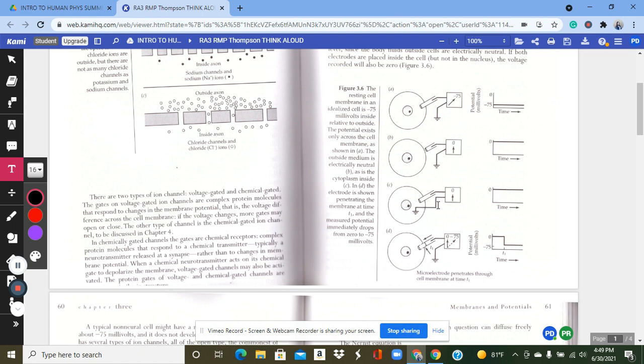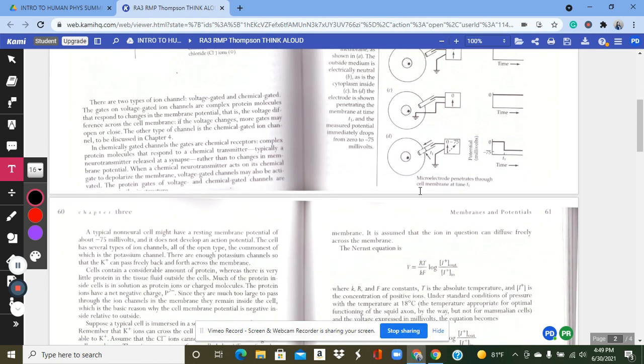Okay, so the electrode is shown penetrating the membrane at time t1, and the measured potential immediately drops from 0 to negative 75 millivolts. So it remains neutral, but then it drops at T1. The microelectrode penetrates through the cell membrane at T1, which is where it drops from 0 to negative 75 millivolts.